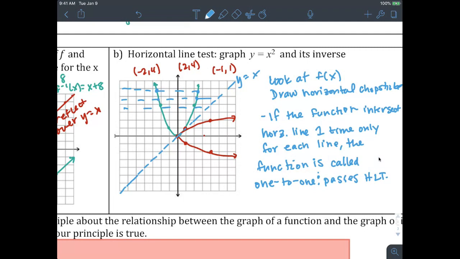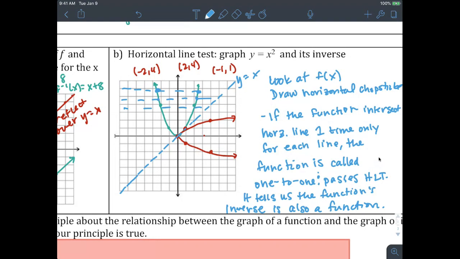It also tells us the function inverse is also a function. So if I look at this graph, it does not pass the horizontal line test because we intersected more than once on one of the lines.